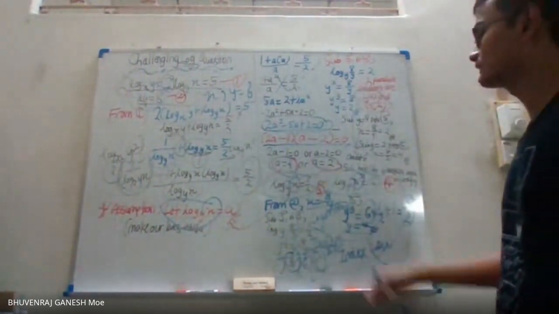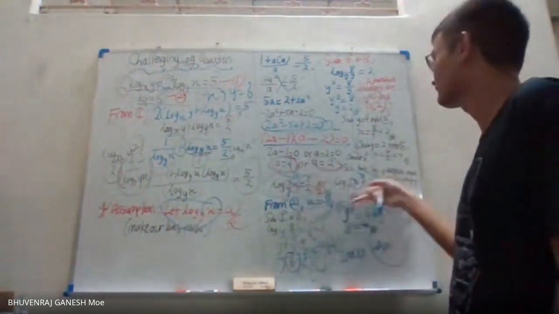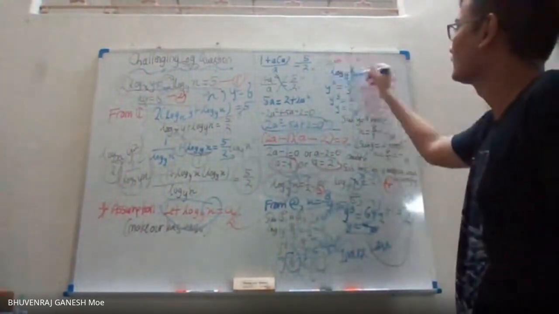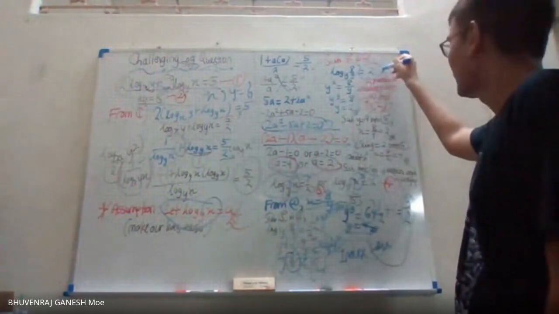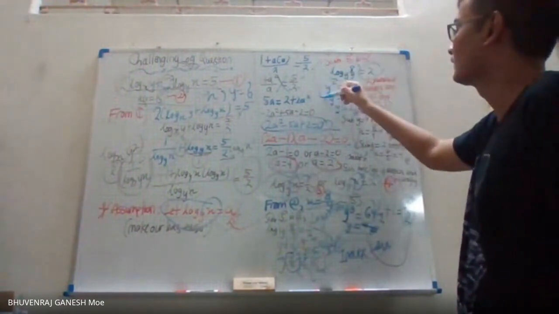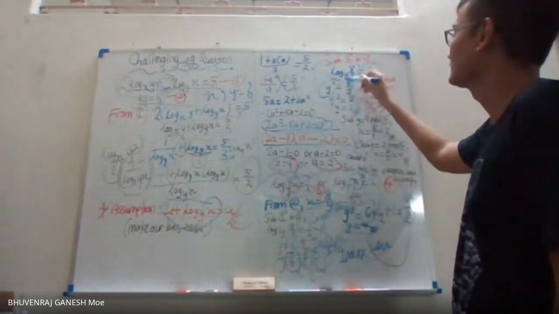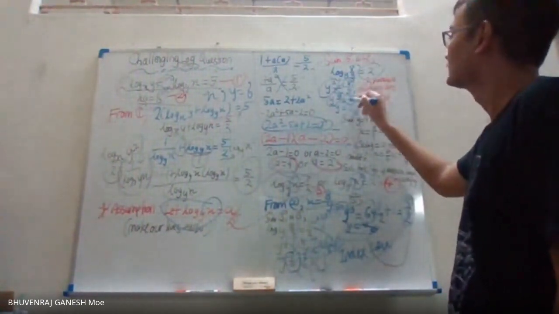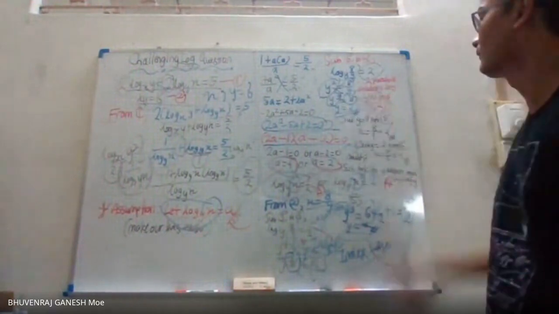And then for the second one, you have to consider the second possibility, because there are no negative numbers here, so it's all positive. So log_y of 8 over y is 2. And then apply the index law again: y squared equals 8 over y. So with the cross multiplication, you'll get y cubed is 8. So y is 2, another whole number.